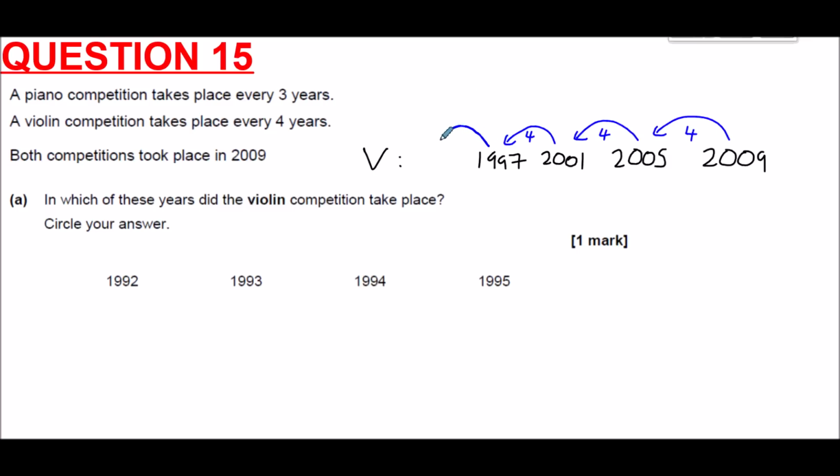And finally, if we go back another 4 years, 4 years before 1997 will be 1993, which is in the list. And so which year did the violin competition take place? It was 1993. So the one we need to circle is 1993.